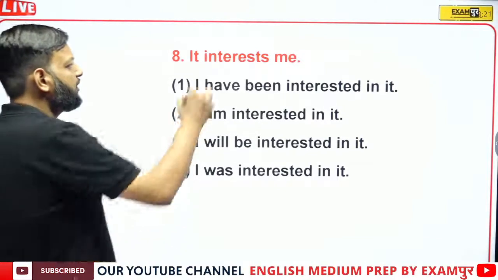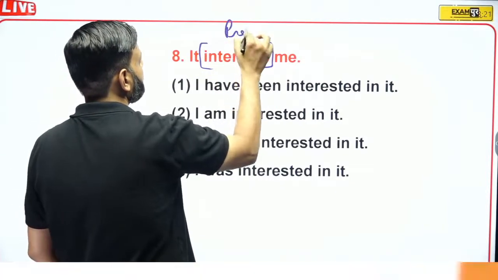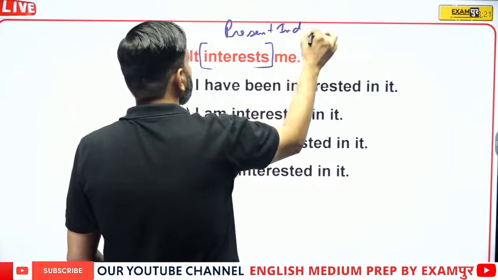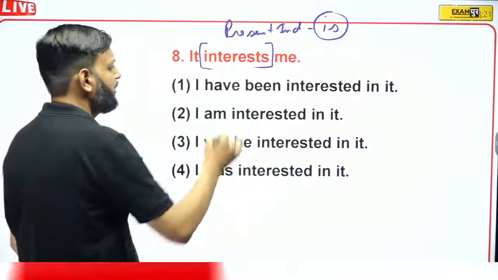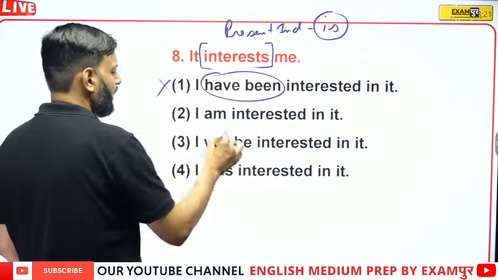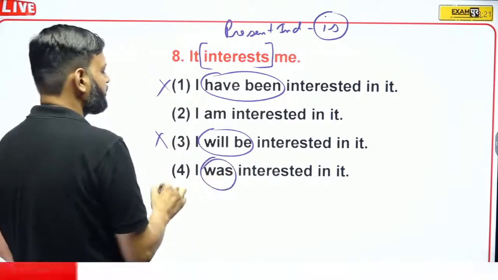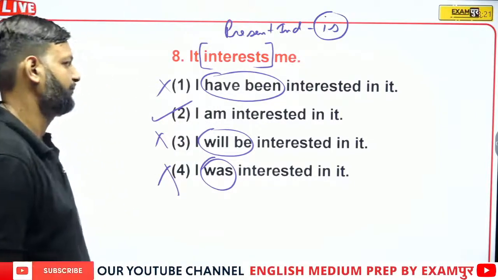See, this sentence is present indefinite. It means there should be is, am or are, right? But here wrong tense usage cannot be the answer. The right answer is 2. I am interested in it.